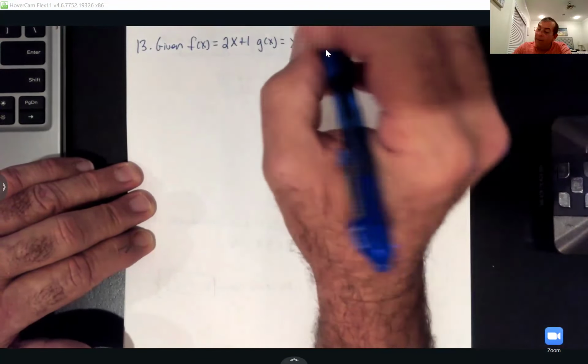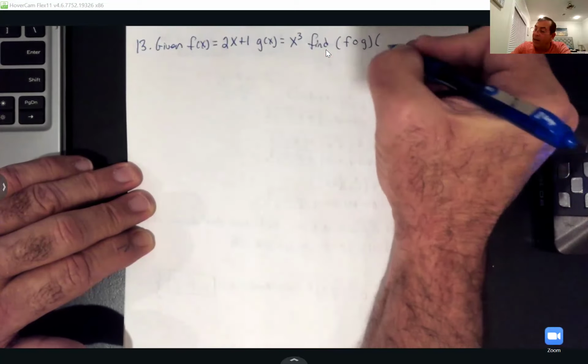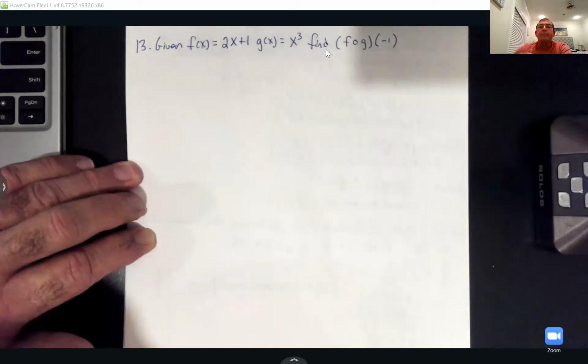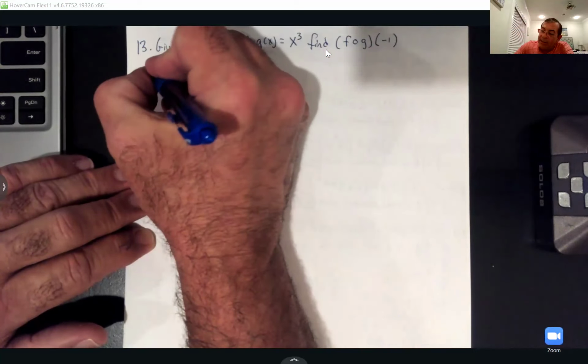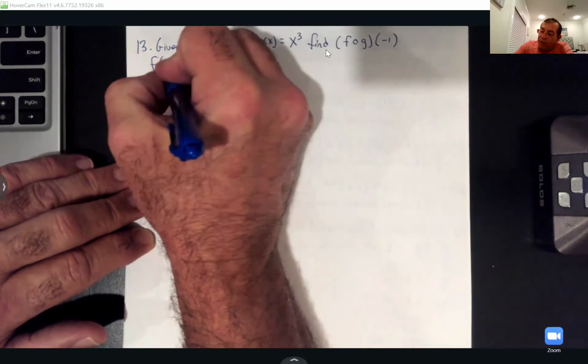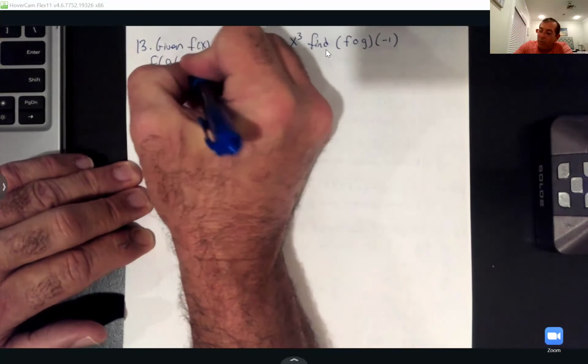They want me to find f compose g of -1. This is where we put the function into a function. Now remember, f compose g of -1 is the same thing as f of g of -1.